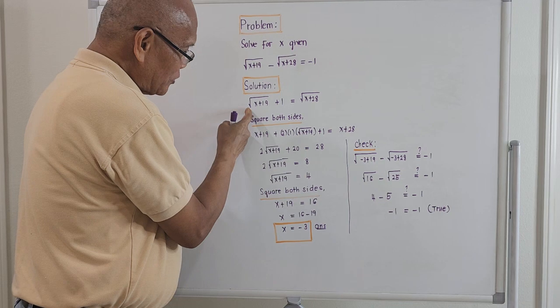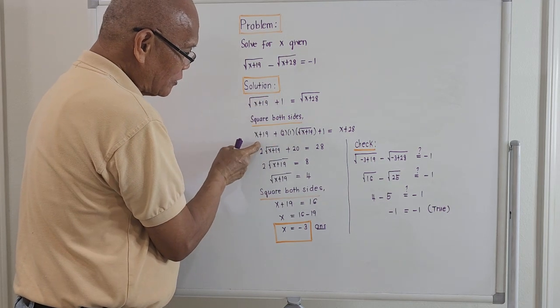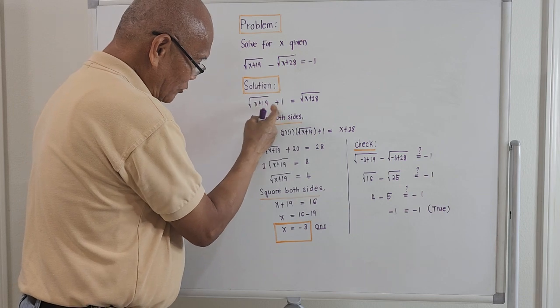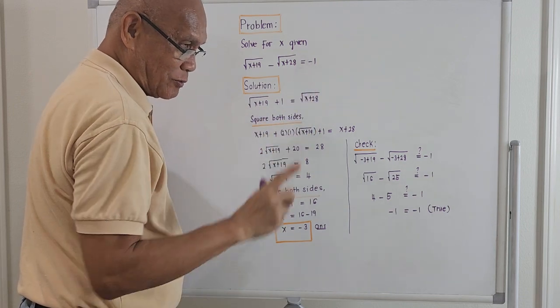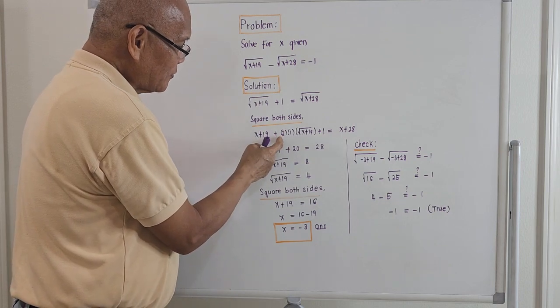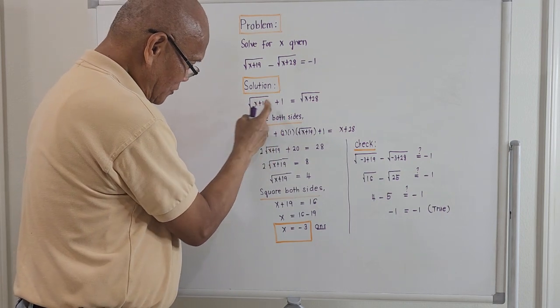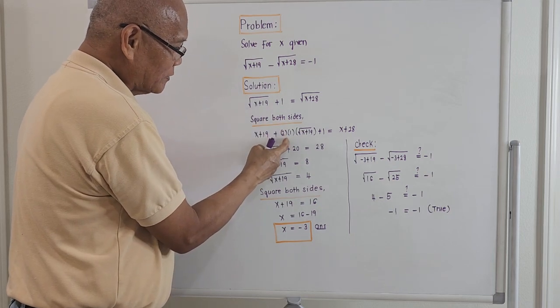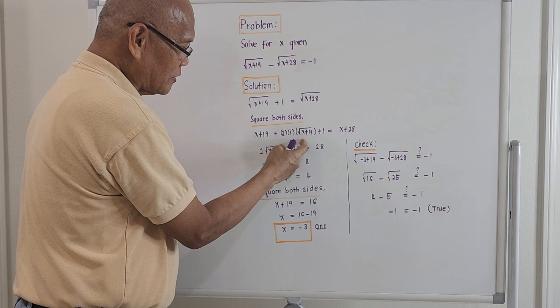The square of the square root of x plus 19 will be x plus 19. Because this is a binomial, if we raise this to the second power, there is actually a middle term, and the middle term is twice the product of the two terms. So the middle term is 2 times 1 times the square root of x plus 19.